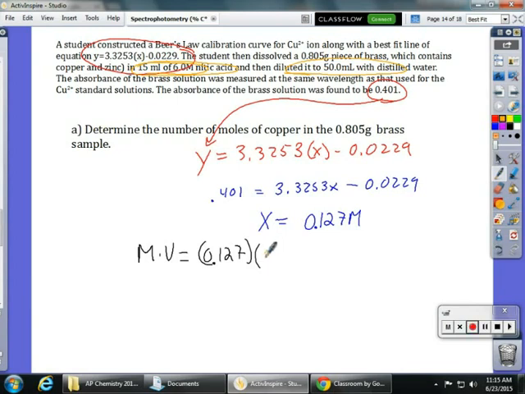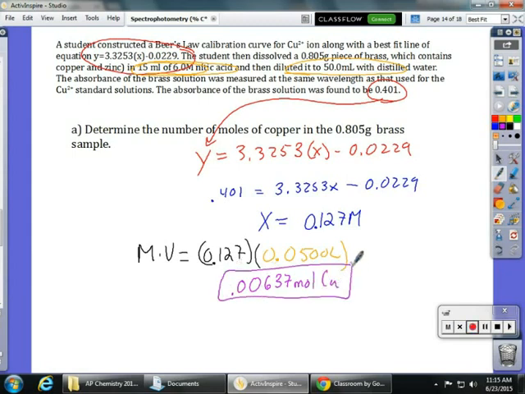Remember, it was diluted with water to 50 milliliters, so that's the volume that we're going to use. We're going to use 50 milliliters in liters, 0.0500 liters. Liters times molarity is going to give us moles. So if we multiply those together, we get 0.00637 moles of copper. Okay, little tip on the sig figs.